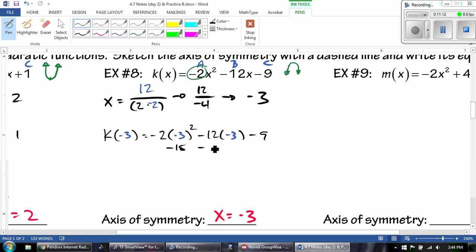Negative 12 times negative 3 is a positive 36, minus 9. So when we do that, we get negative 18 plus 36 minus 9, which is a positive 9. So my vertex is the point (-3, 9).